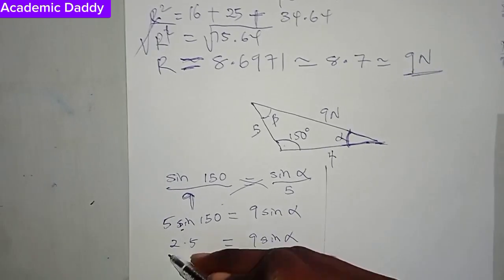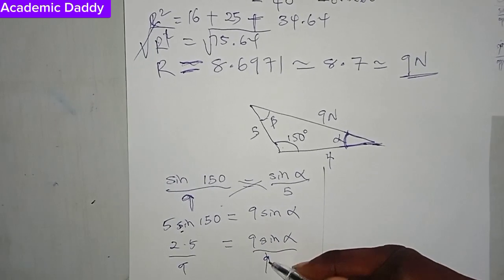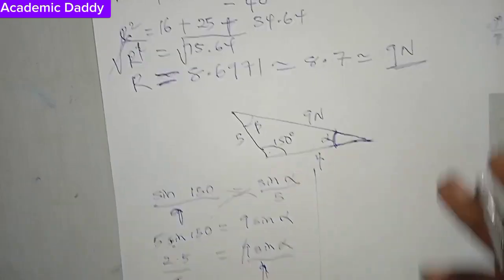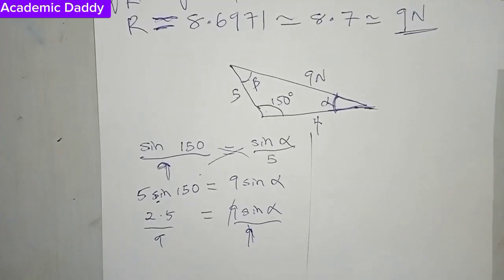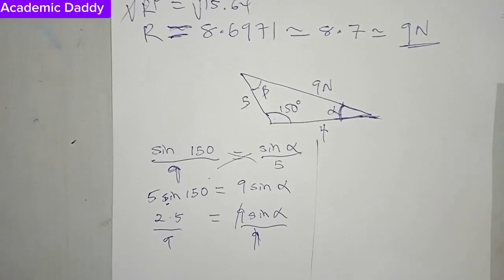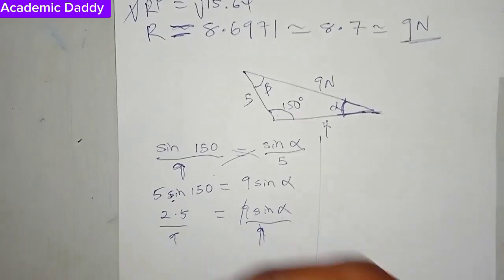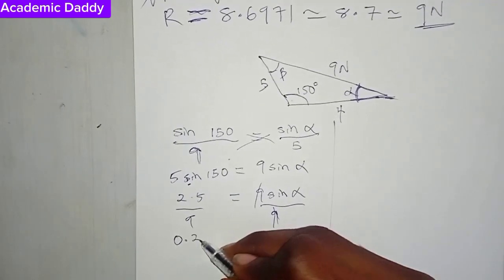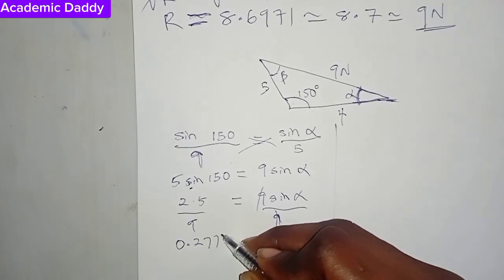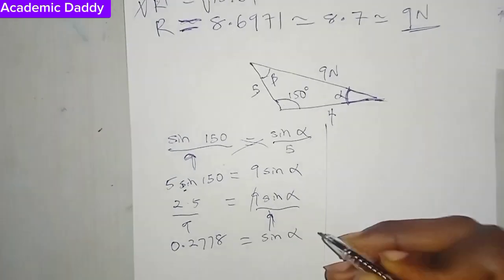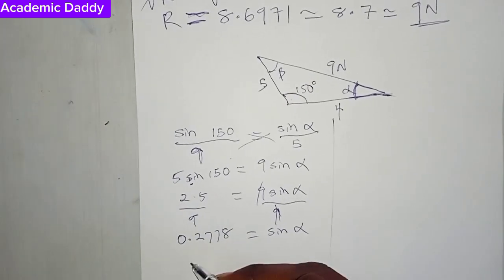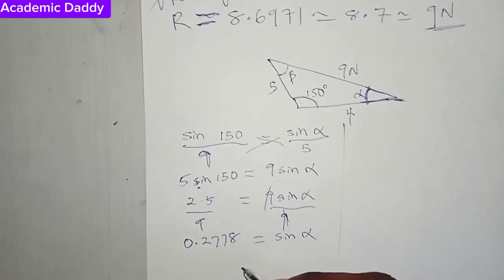Divide both sides by 9. This 9 will get out. Notice I'm rushing it, so manage the handwriting. I'll be left with 2.5 divided by 9, which is 0.2778, equal to sine alpha. To get this angle, let sine cross the equality sign.